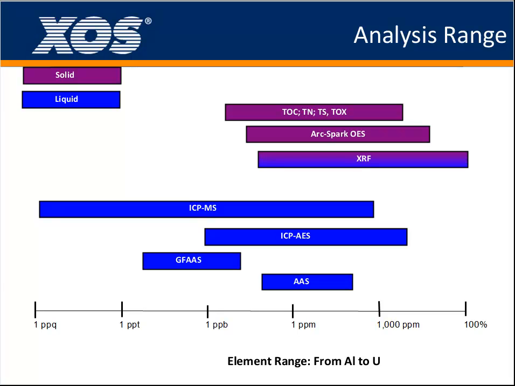And for the state of the samples, you can analyze both solid samples and liquid samples directly. And this is also wonderful because most analysis tools can analyze either solid or liquid, and they cannot analyze both states of samples directly.